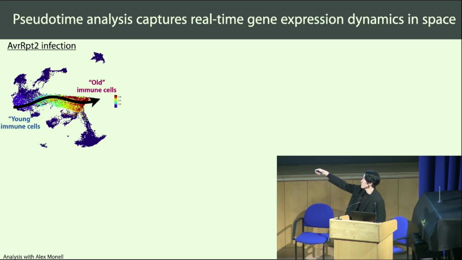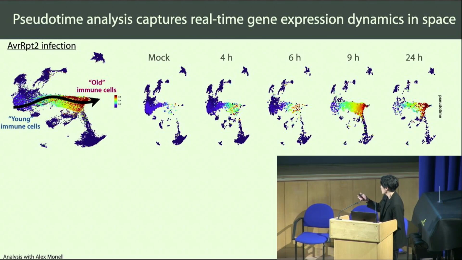Probably the tip of the rightmost hand may be the cells that are initially infected by the pathogen upon infection. And this is a purely computational prediction, but we do have the real-time course data. And this supports our model, because you can see more blue cells early on and more red cells later. So it looks like we got the immune trajectory right.